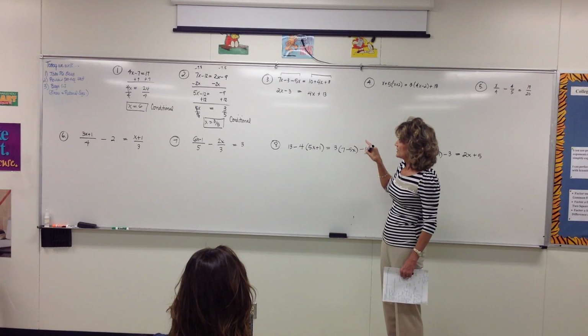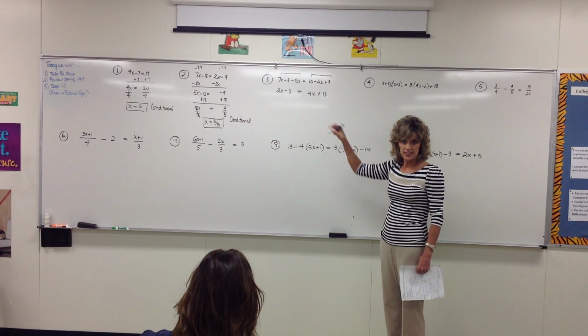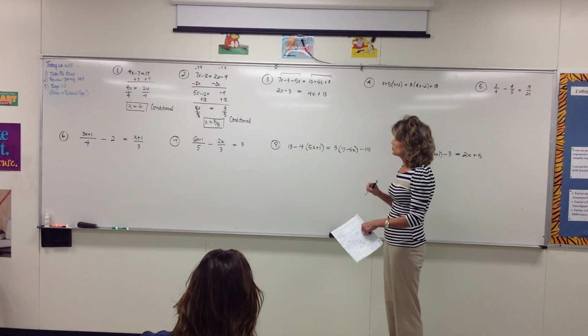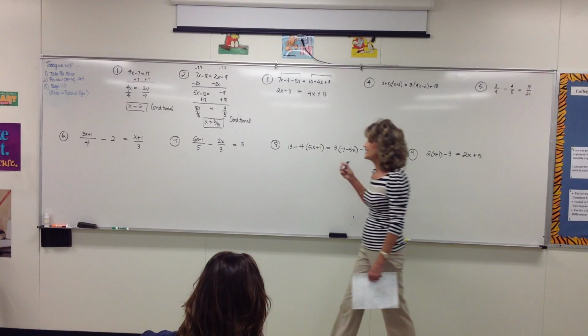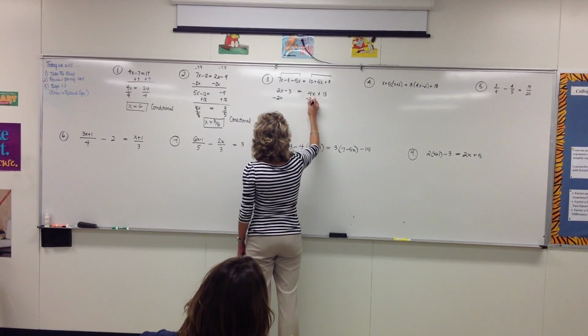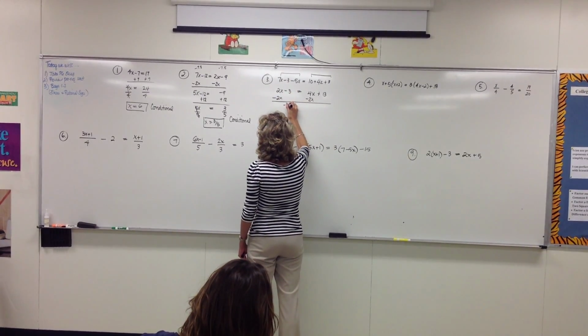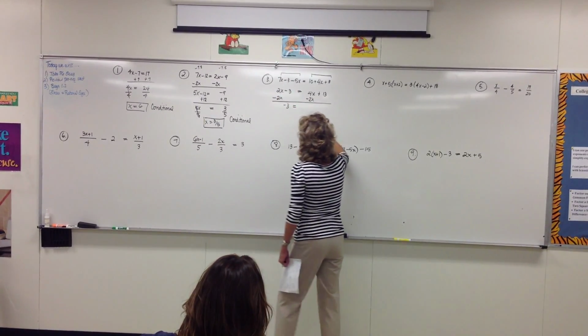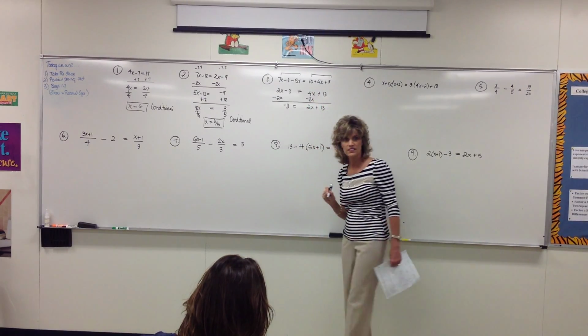Now we're back to the same place of having variables on both sides of the equal sign. I could either subtract 4x from both sides or subtract 2x from both sides. I tend to keep the variables positive, so I would probably on this one subtract 2x from both sides. Remember the sign in front of the number is part of the number, so negative 3 equals 2x plus 13.